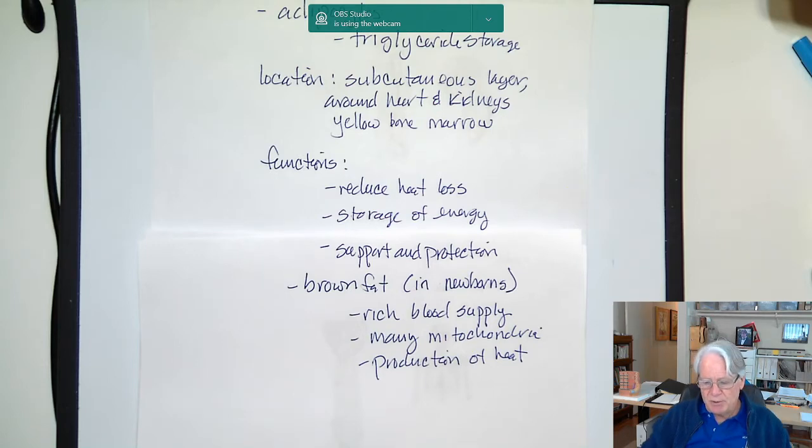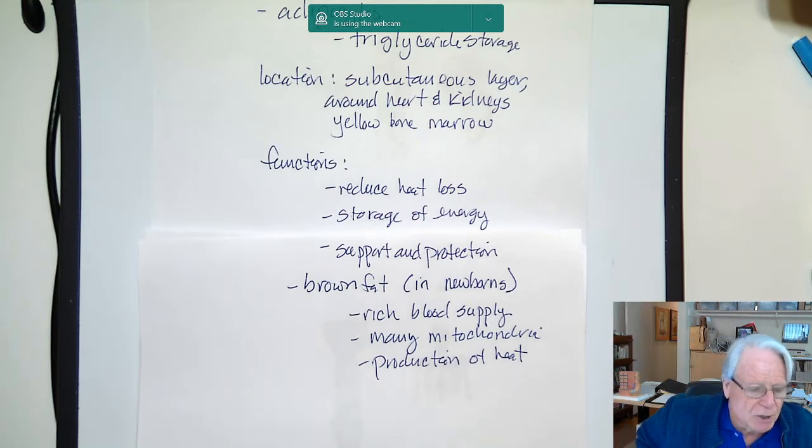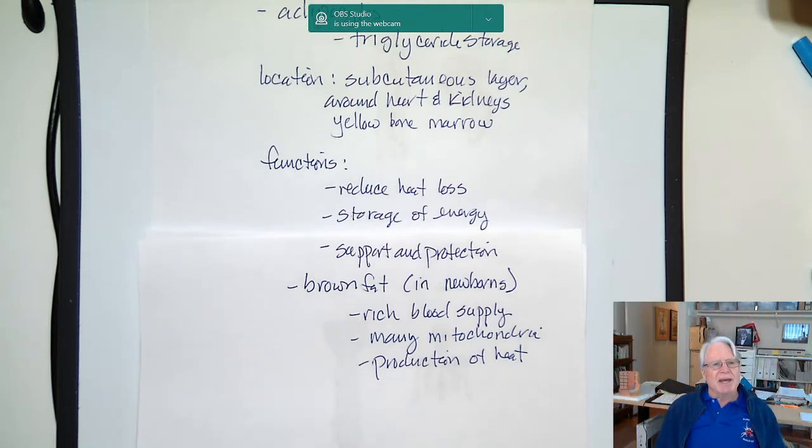One of the problems with newborn children, babies, is that they have a very small body mass relative to their surface area. The smaller the mass you have, the surface area is greater than the volume. So the ratio between those changes as mass increases.